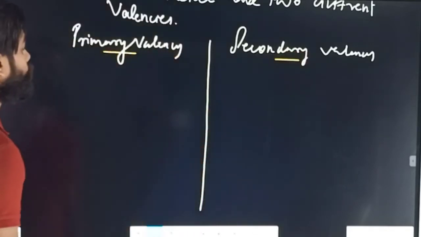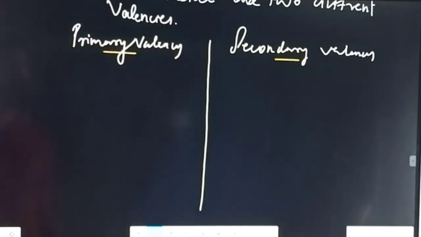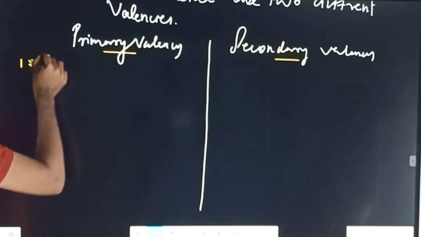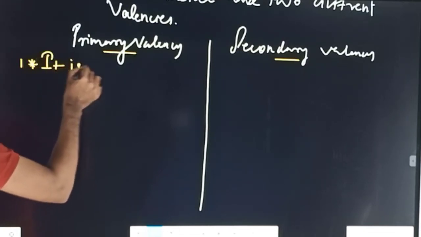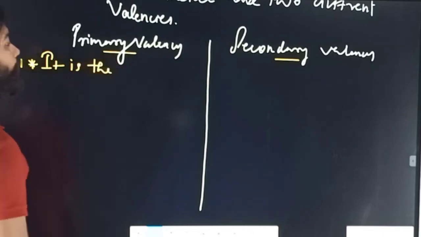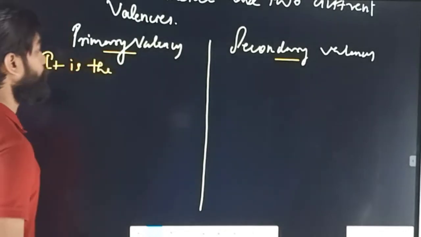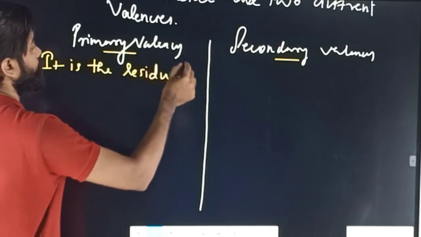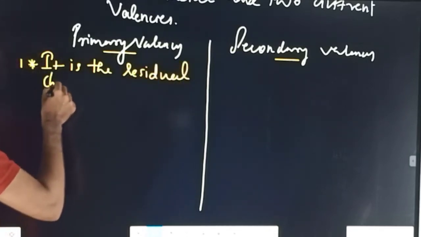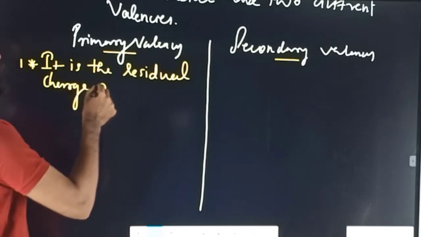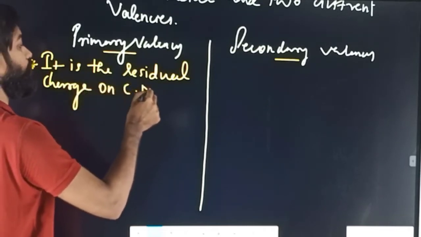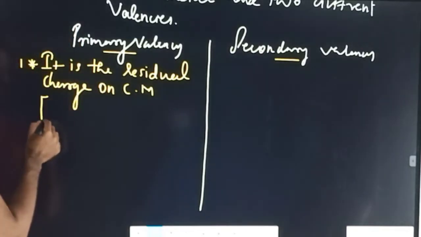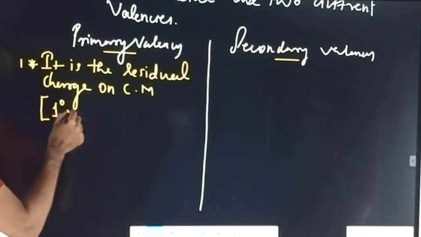The primary valency is the residual charge on the central metal, let it be Cm.